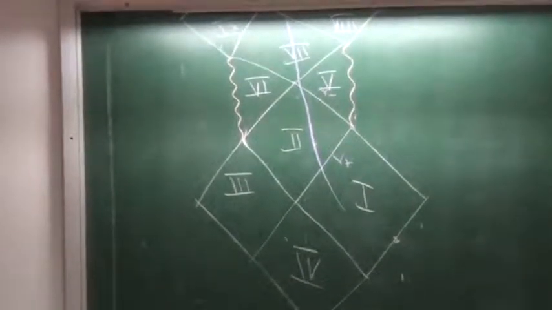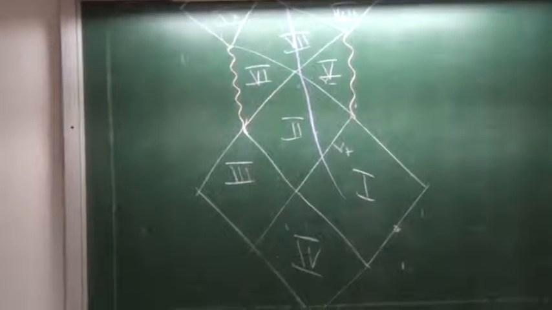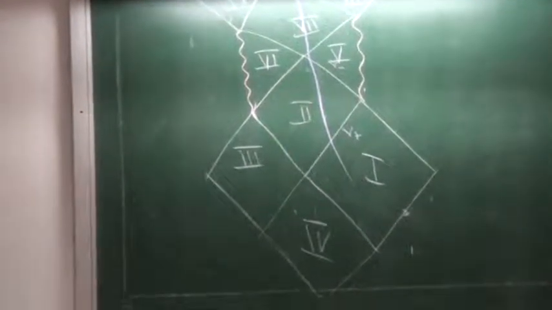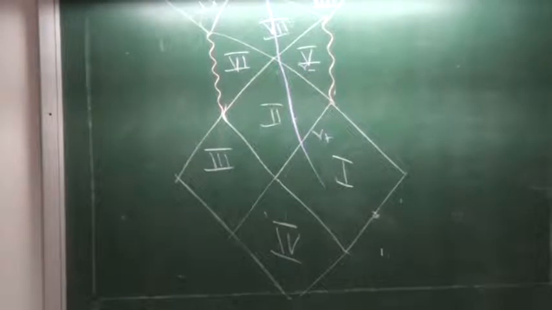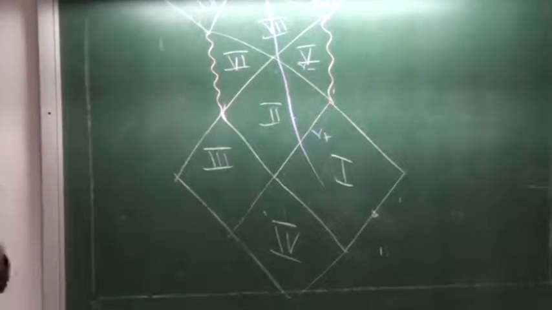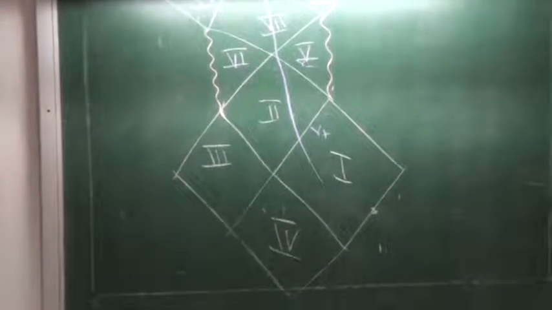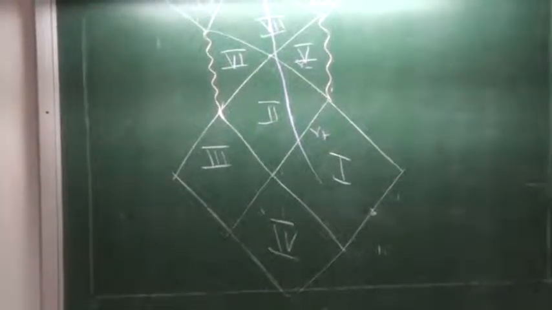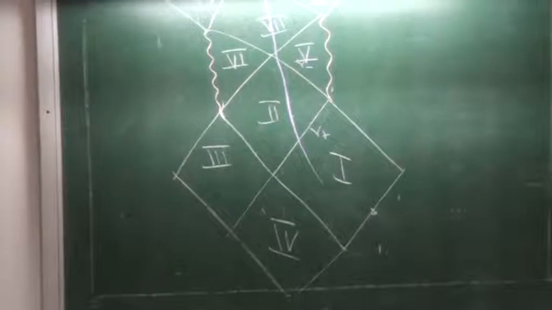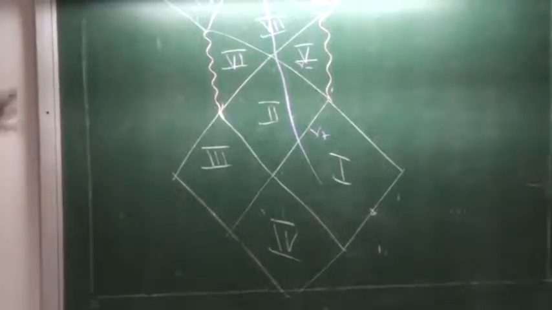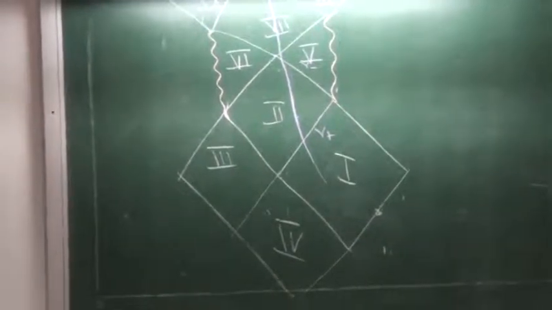So this is a very funny kind of causal structure, but it is what comes out if you extend the Reissner-Nordström black hole maximally. And it's also what comes out if you take the Kerr black hole. If you take the Kerr black hole and you try to extend it maximally, that analysis is more complicated. But once again, you get a solution which has this infinite number of universes. In fact, there the singularity structure is even more complicated. But the principle is the same. You tend to get this infinity of extensions, and you get this very funny kind of causal structure.